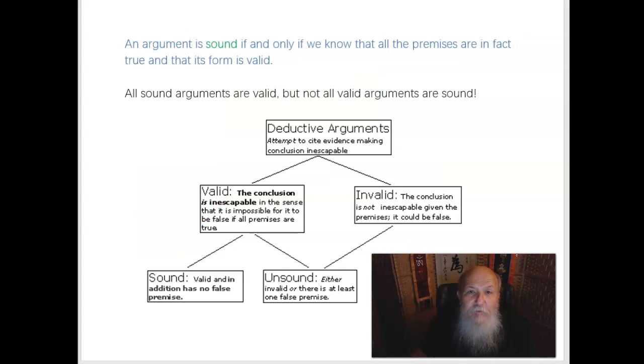So remember, we finally learned the concept of soundness in addition to validity. We said that an argument is sound if and only if we know that all the premises are in fact true and its form is valid. And how do we find out whether or not premises are true? Well, we have to go out and look or investigate.